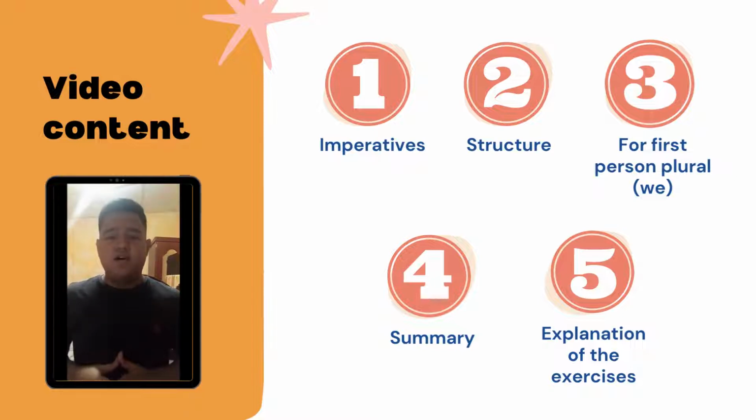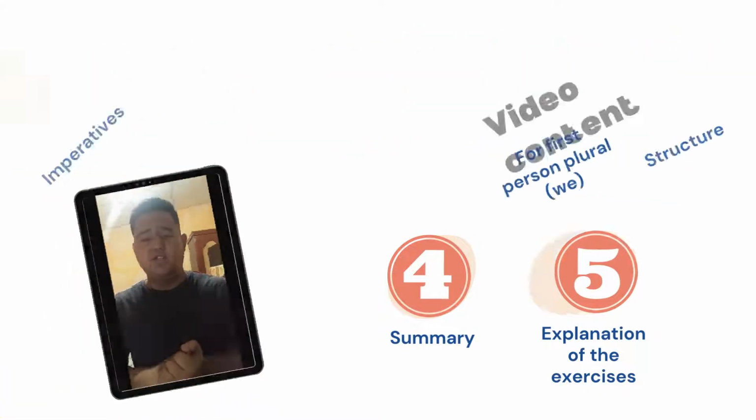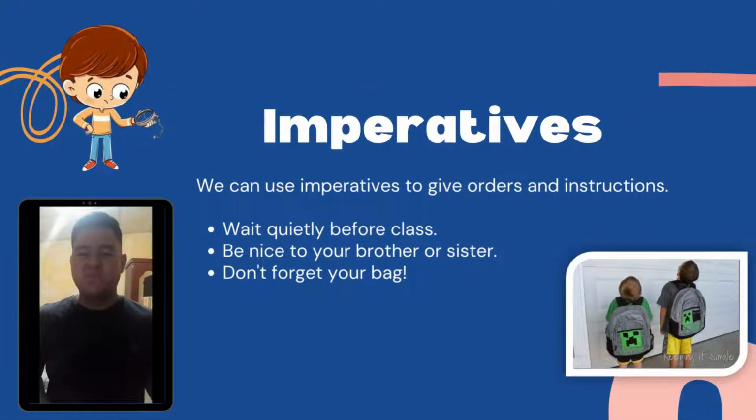Then in the third place we have the first person plural. That means that we will see the imperatives when we use we. Then we have a little summary about all the video, and finally I will give a little explanation about the exercises that you will do. Let's start with the topic, imperatives.